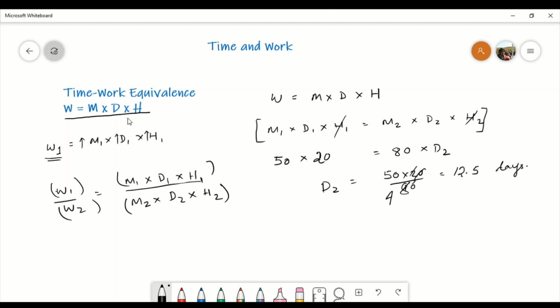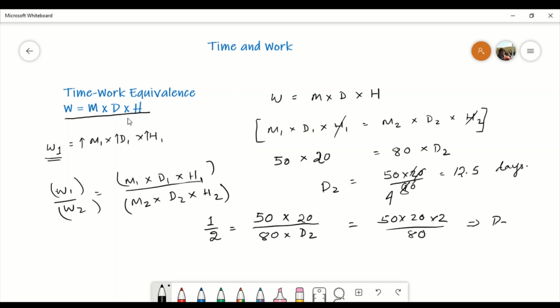For example, if the question was that 50 men take 20 days to complete a work, then how many days will it take 80 men to complete twice that work? In that case our W is doubled, and D2 is our variable. So it will be 50 × 20 × 2 / 80, which works out to 25. So D2 is 25 days.